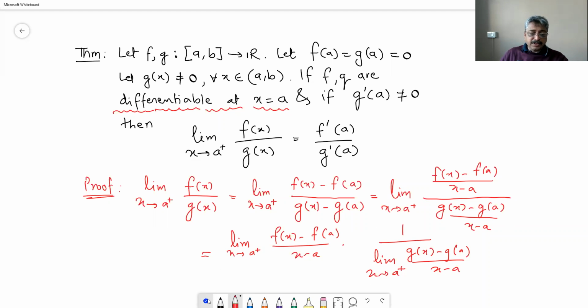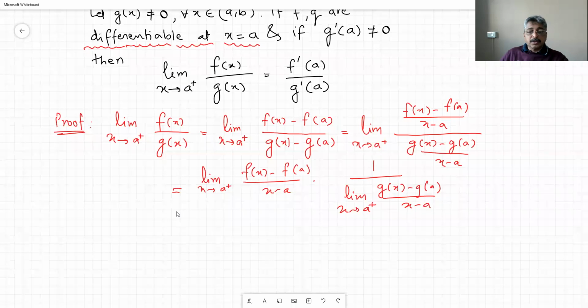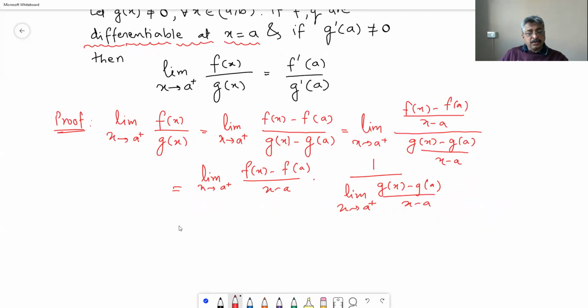We can always write this. Then by definition and differentiability of the function, this is f dash of a, and this is by definition g dash of a. Hence proved.